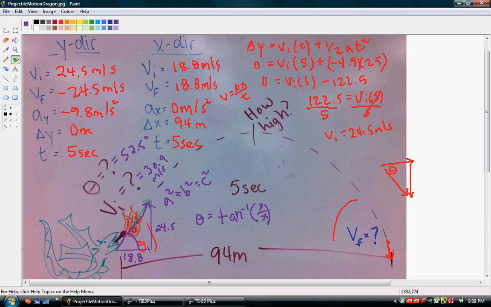Alright. The final velocity would be a final velocity vector. Since the x component is constant, this would be 18.8, while this would be negative 24.5.